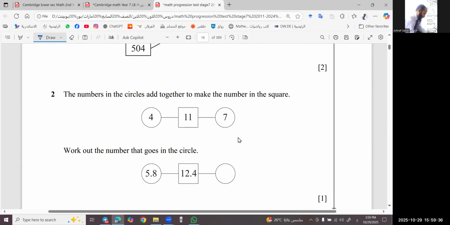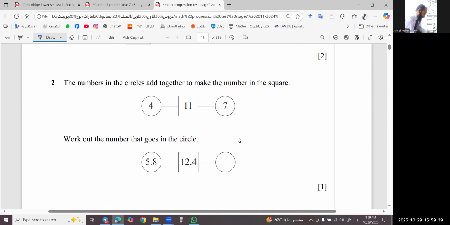In this exercise, the numbers in the circles add together to make the number in the square. 4 plus 7 gets 11. So we want to get this number. Lujain, sorry, Jaida, how can we get this number? Lujain, how can we solve this exercise?